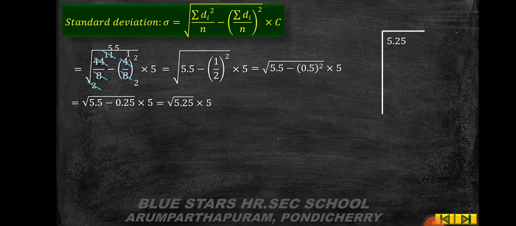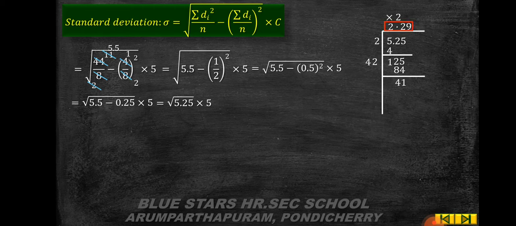So the square root of 5.25: 2 2s are 4, remainder 1. Then 2 should be multiplied by 2, so you get 4. Put the decimal and step down the 2 digits, so you get 125. 42 into 2 you get 84. Then subtract, you get 41.